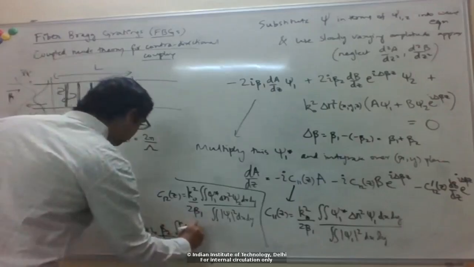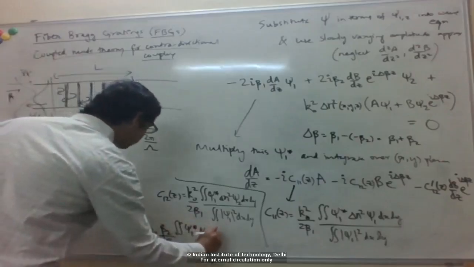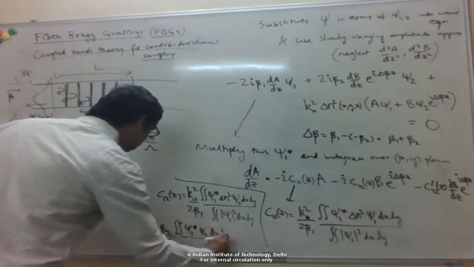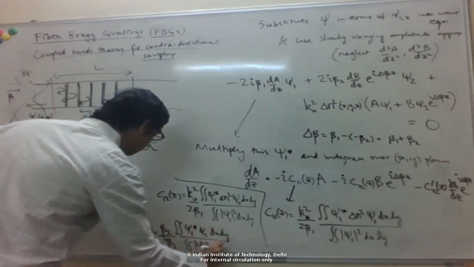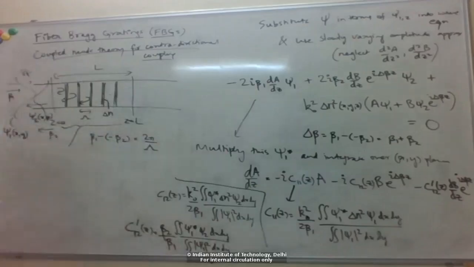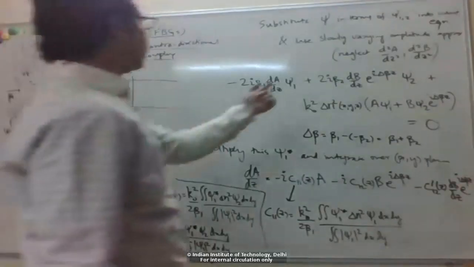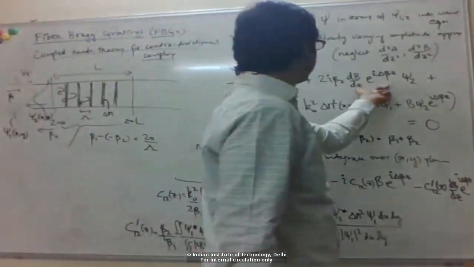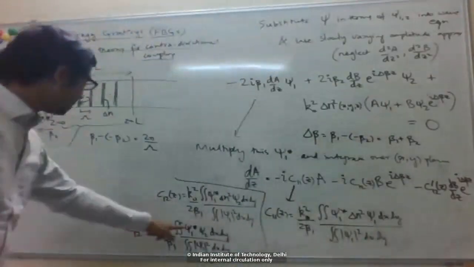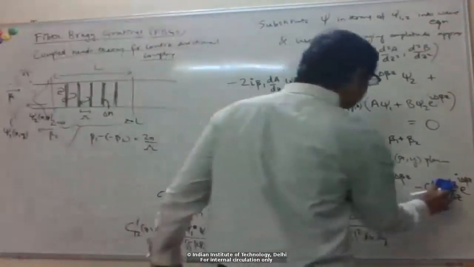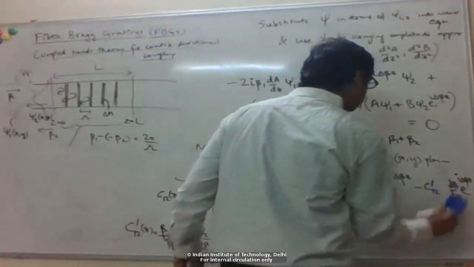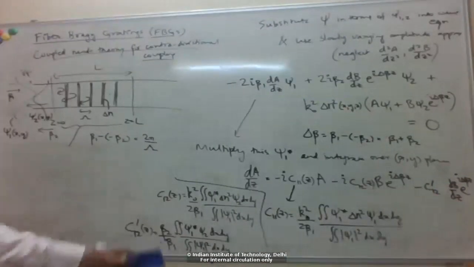So actually this term will be independent of z, right, because there is no delta n here. So you can see there is no z dependence here. So I can remove the z dependence here. So that's actually a constant.